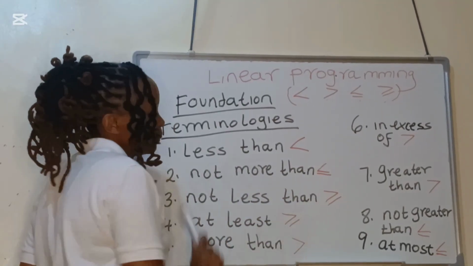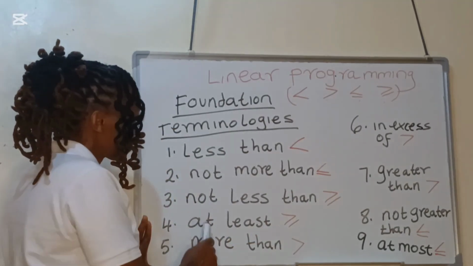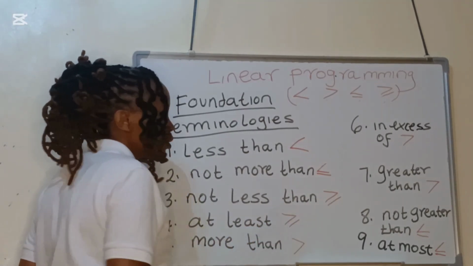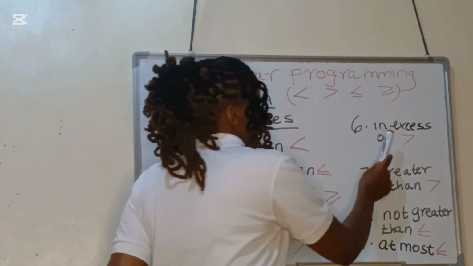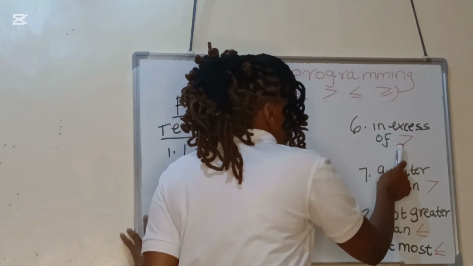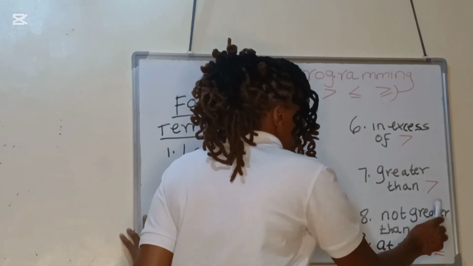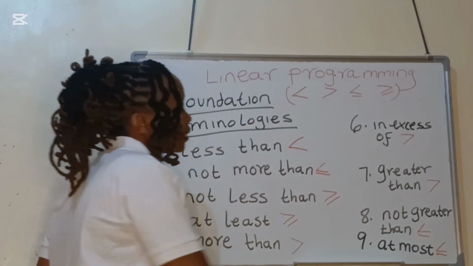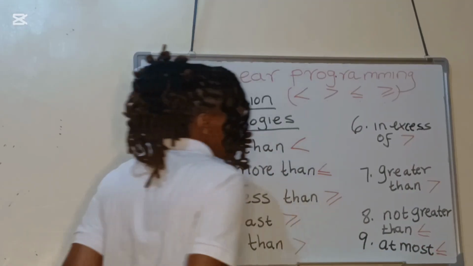Not less than, we use greater than or equal to. At least, we use greater than or equal to. More than, we use greater than. In excess of, you use greater than. Greater than, we already know what it is. Not greater than, we use less than or equal to. At most, less than or equal to.